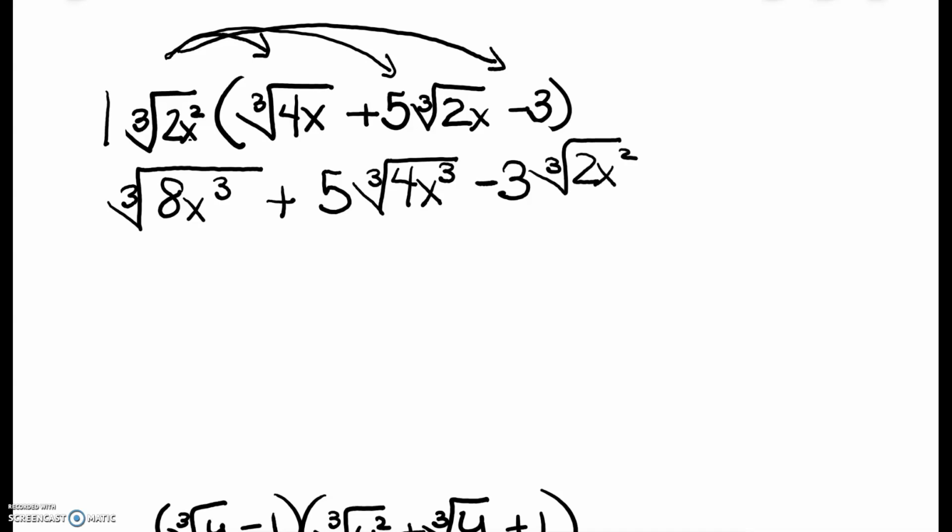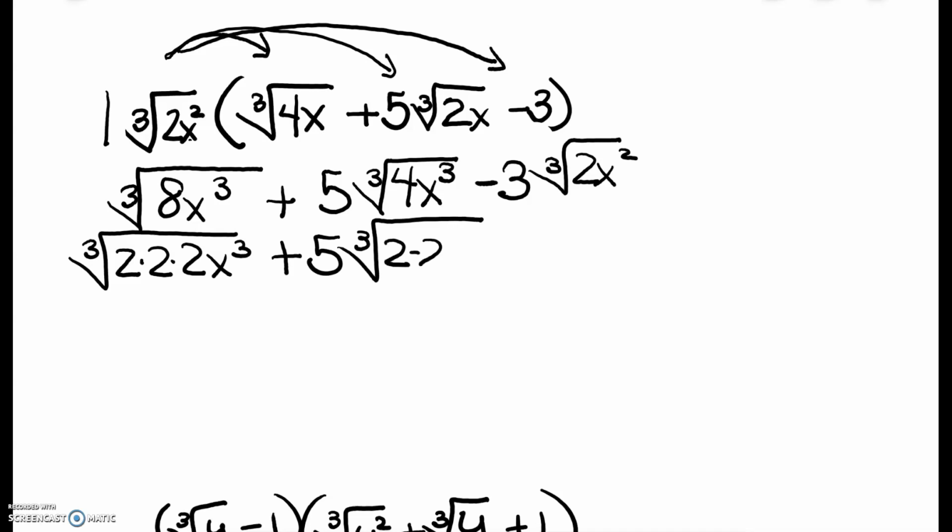So let's see if anything reduces. Well, I know that 8 is 2 times 4, and 4 is 2 times 2. I know that 4 is 2 times 2. And let's see, in this last one, I just have a 2 because that's already prime. So how many groups of 3 do I have here?